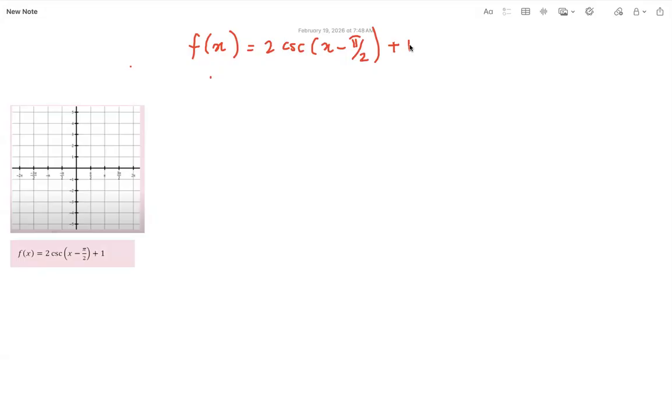I took the wrong asymptote to begin with. No, I accounted for the phase shift, but I took the asymptote equation for secant and not cosecant. I did pi over 2 plus pi k instead of just pi k. Oh, okay.